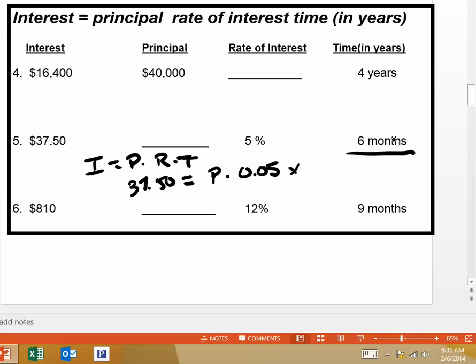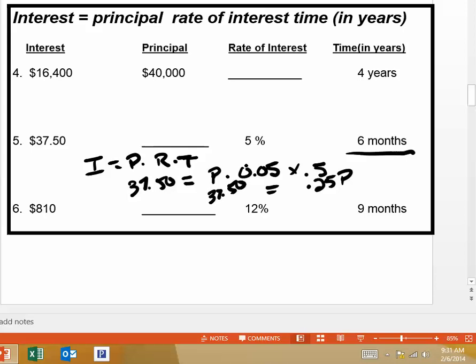The trick here is it's 6 months, which means it's half a year, so we're going to make that 0.5. So we multiply 0.5 times 0.05, and that gives us 0.025p is equal to $37.50.